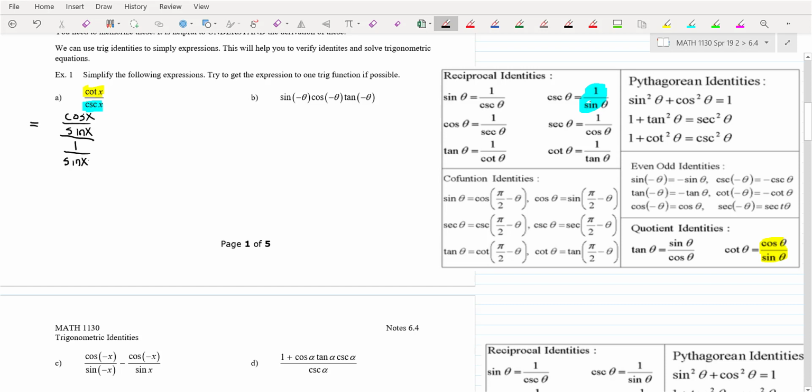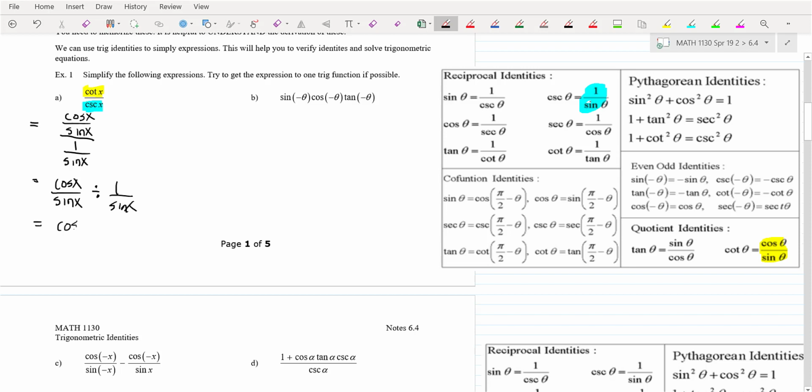Now we're going to simplify this and see what happens. You can do a shortcut on this if you want to. I mean, you can cross the sines out. But I want to show you what is basically going on in this problem. What you're doing is cosine x over sine x divided by 1 over sine x. When you divide fractions, you multiply by the reciprocal of the second.